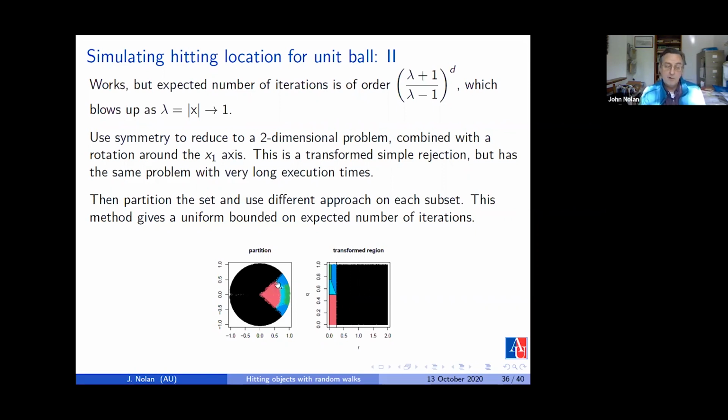Basically we partition this into different regions. We deal with it over a transform space, where here's the image of those different partition elements. And then on each of these pieces, we use a different method, tied to how big lambda is.